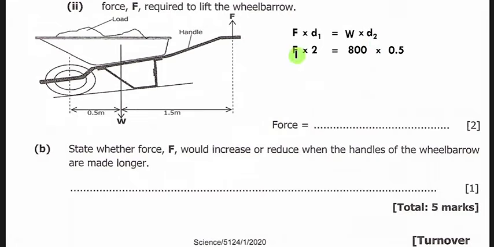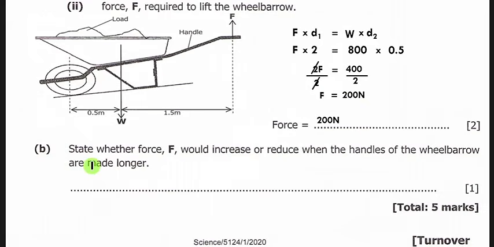When we multiply, we get 2F equals 800 times 0.5, which is 400. To remain with F, we divide by 2 on both sides, so that this and that cancel. F now is 400 divided by 2, which will be 200 Newton. So F here will be 200 Newton.